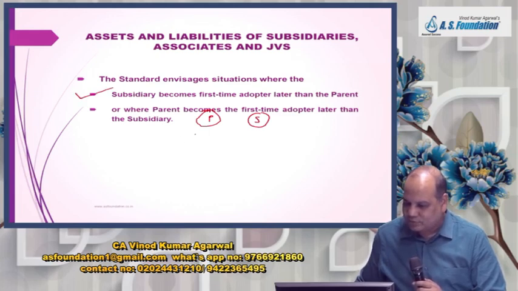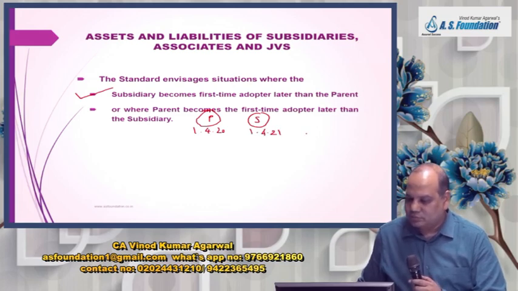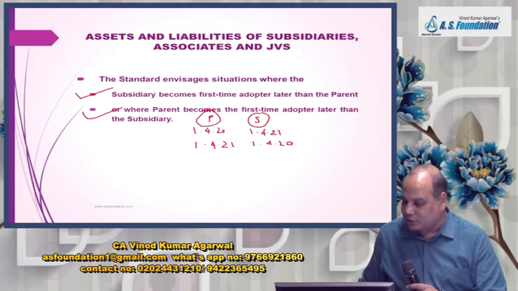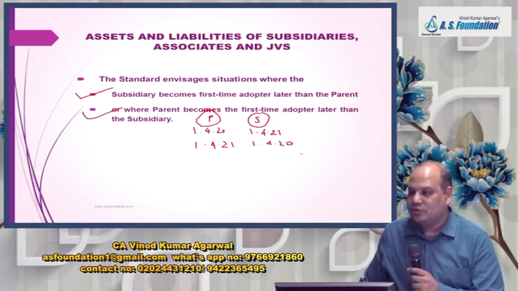Case 1. Parent started applying from say 1/4/20 and subsidiary from 1/4/21. Second example, parent became first time adopter on 1/4/21 and subsidiary had already become first time adopter on 1/4/2020. Is it right?